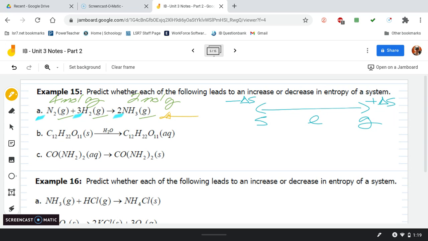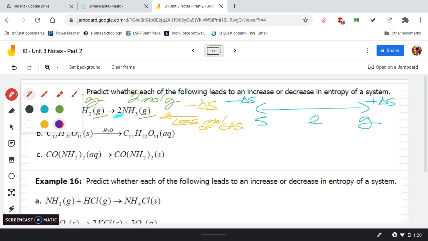So we have fewer moles of gas. So the delta S here is less randomness. So that's going to be a negative delta S. Okay, so you can kind of see my thought process there.